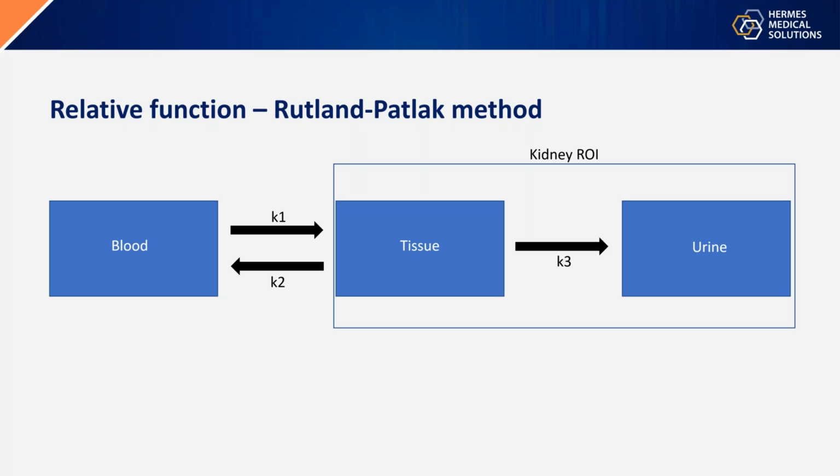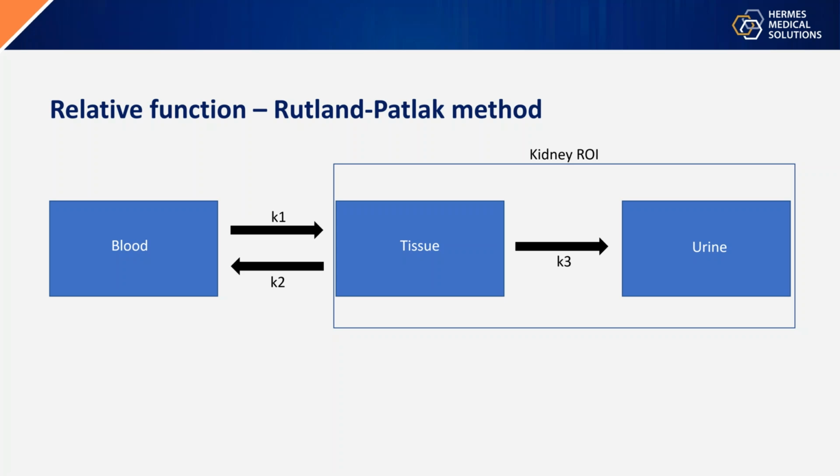And before some of you are screaming reflux at me, the urine we consider here are actually part of the kidney region. So it is not urine down in the bladder, because from there we can truly have a reflux. But activity can generally not wander from the urine back to the tissue in the renal pyramids.